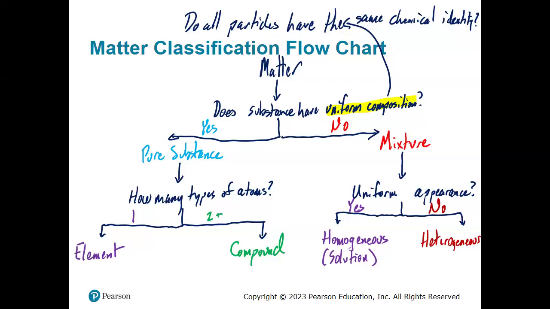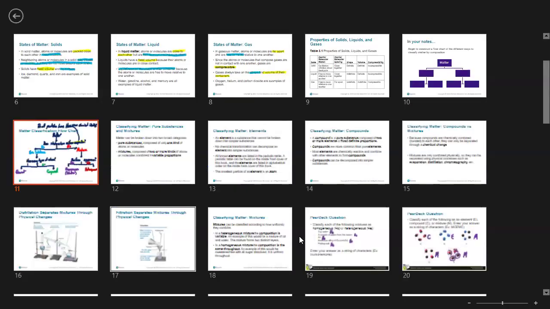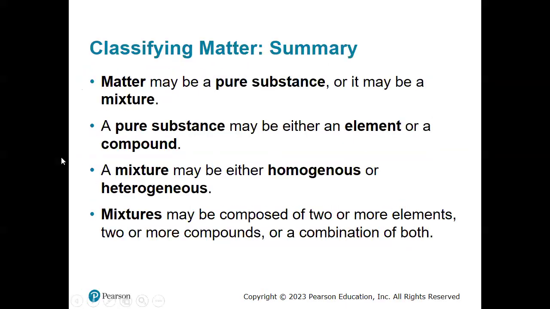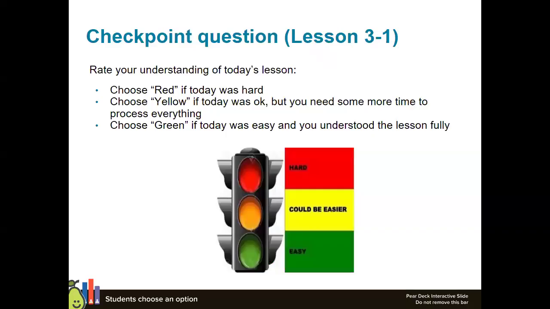And we call those solutions or homogeneous. Or is there something about them that I can tell very quickly apart from a physical standpoint? And so from that standpoint, we were able to put matter into groups based upon those ideas and subgroups.